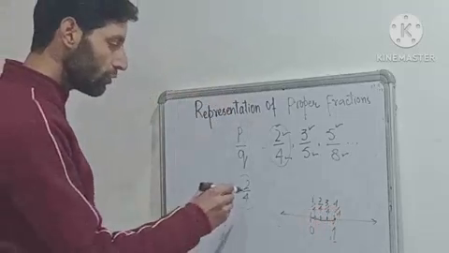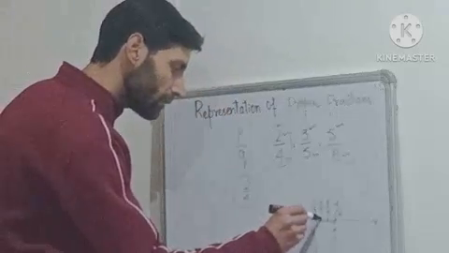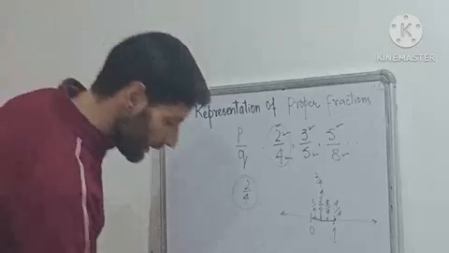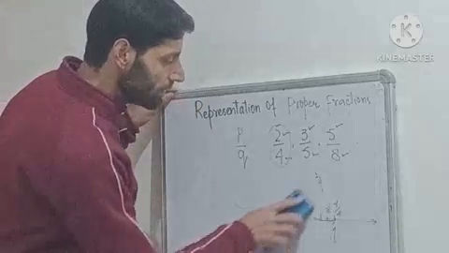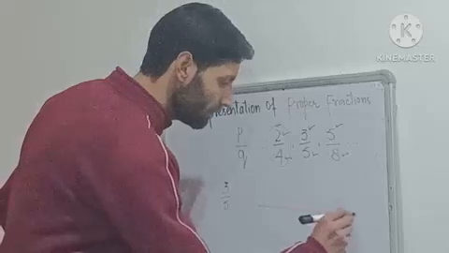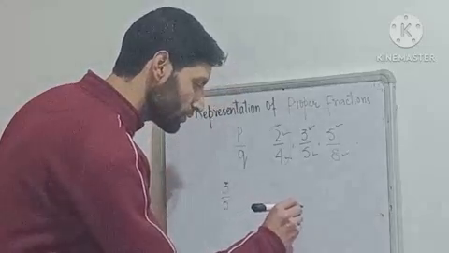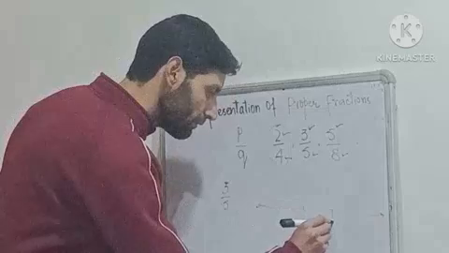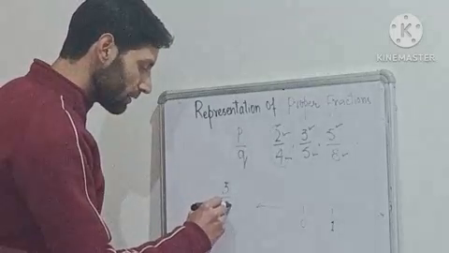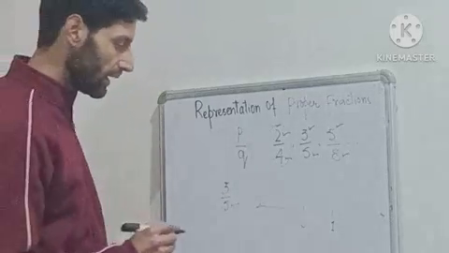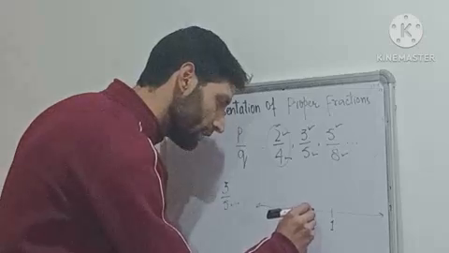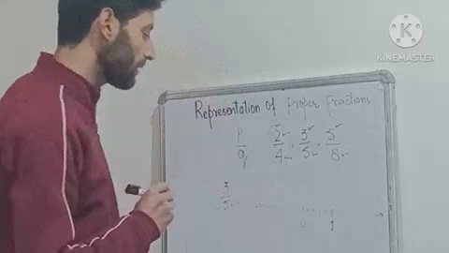अब हमें दिखाना है 2 by 4 इस नंबर लाइन पे. So second point will denote 2 by 4. अगर अब हमें 3 by 5 को रिप्रेजेंट करना होगा नंबर लाइन पे, पहले हम नंबर लाइन को ड्रा करेंगे. उसके बाद जो पार्ट 0 और 1 के दरमियान आता है हम इस पार्ट को 5 इक्वल पार्ट्स में बांट देंगे. We will divide this part into 5 equal parts, 1, 2, 3, 4 and 5.